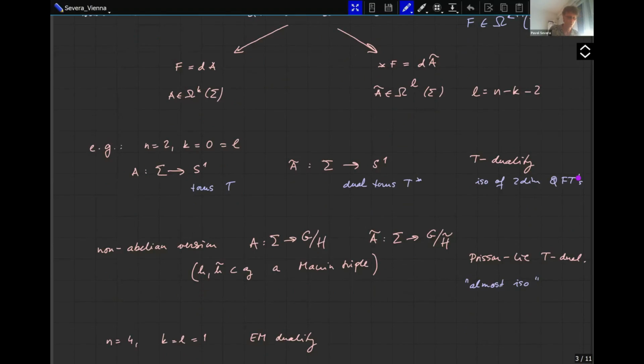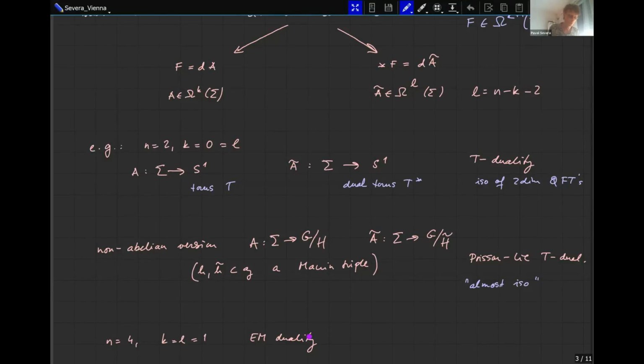And then, of course, we can go away from dimension 2. The most natural thing would be to go to dimension 4, where we would get the ordinary electromagnetic duality. Since this Poisson-Lie T-duality was my childhood project, it was also my childhood dream to find some picture that would contain non-abelian dualities in arbitrary dimensions.